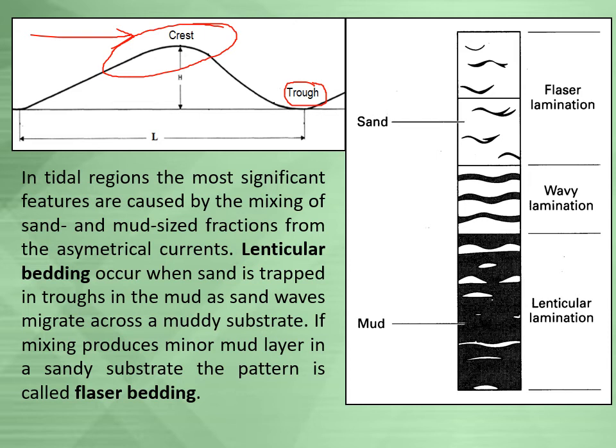But if crossbeds are not formed and some suspended clay particles are deposited in the trough regions, in the rock record you can see that there are ripple marks, and within these ripple marks thin streaks of mud, mainly within the ripple troughs.